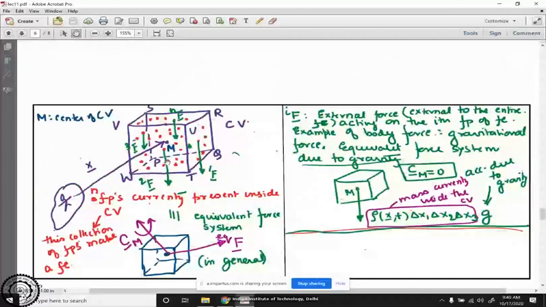That's what I have tried to show here. This is eventually what a body force like gravitational force will look like on this fluid element, which is coinciding with the control volume. One single force, and the magnitude will be g times the mass inside the control volume, and that mass must be rho times volume.